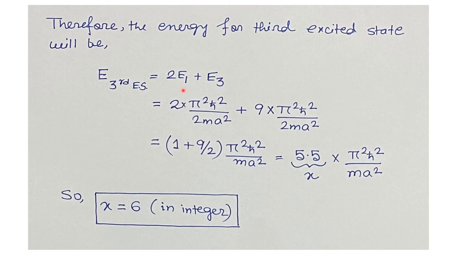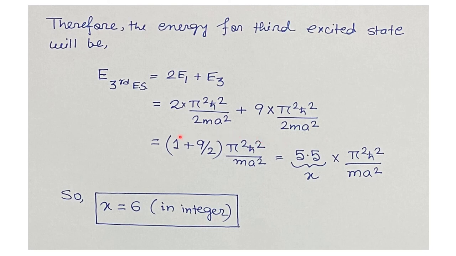Now if we put the value of E1 and E3, it will be 2 multiplied by pi square h square by 2m a square plus, for E3, 3 square pi square h square by 2m a square. So that is 9 multiplied with pi square h square by 2m a square.